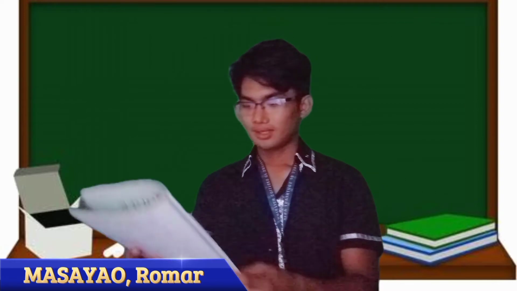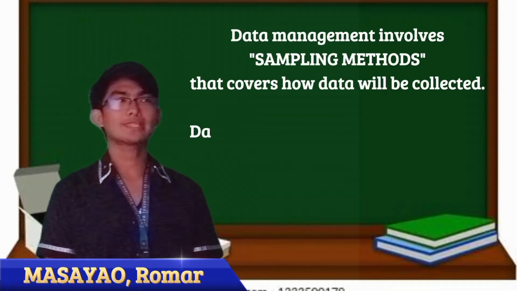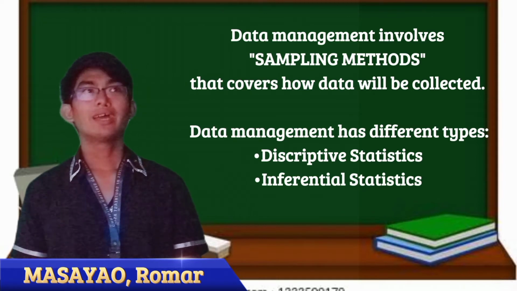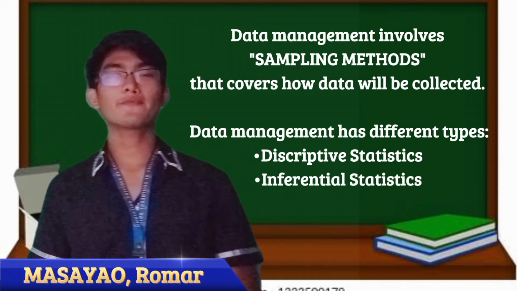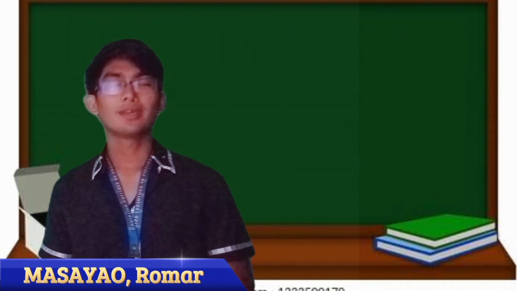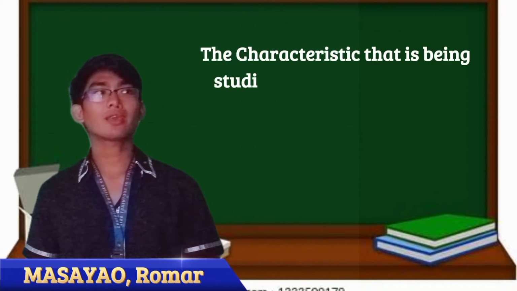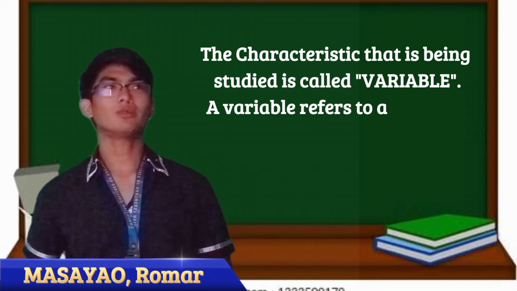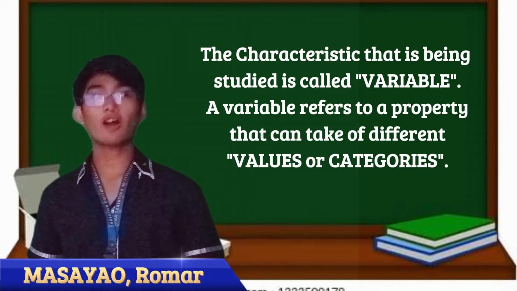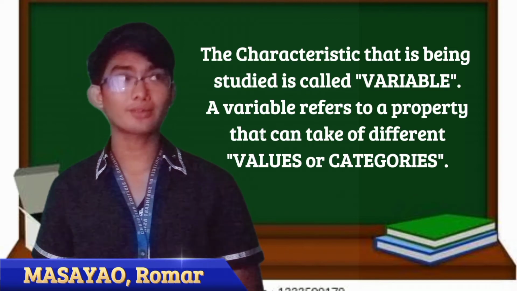Okay, thank you, Mark. Data management involves sampling methods that cover how data will be collected. Data management has different types: descriptive statistics and inferential statistics. The characteristic that is being studied is called a variable. A variable refers to a property that can take on different values and categories.